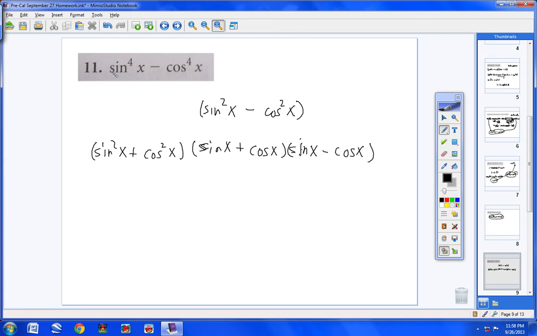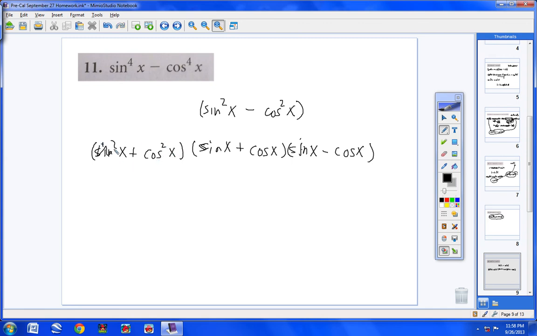Now, I'm looking at the answer sheet. I'm done factoring now. Let's see what number 11 wants. Okay, what they want you to do, they just want you to have this for your answer right here. That's it. And so we're going to have to think of a way to simplify this parenthesis. So hold it. If you look at your Pythagorean identities, you will see that sine squared plus cosine squared equals 1.